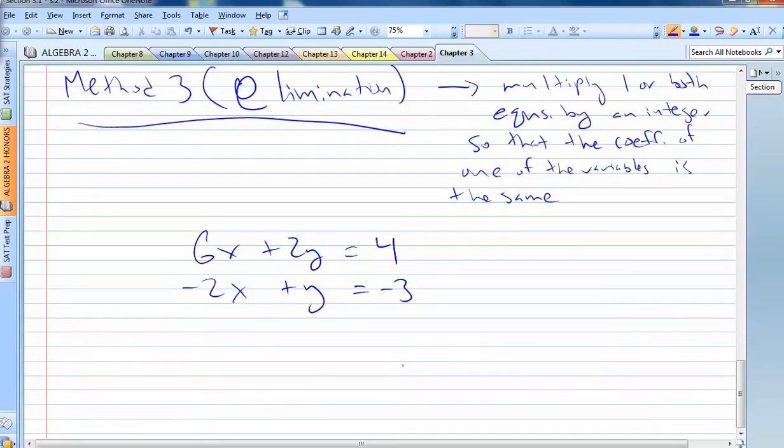So there's a few ways you could do this. What I'm going to do, I'm going to multiply the second equation by 2. What's going to happen is that you're going to have negative 4x plus 2y equals negative 6. All of a sudden now, the y's from both equations will have the same coefficient.